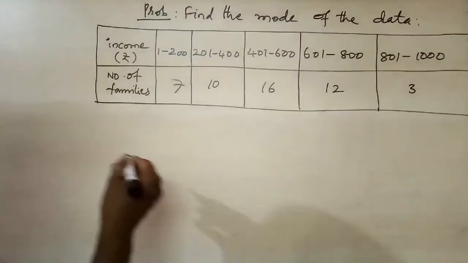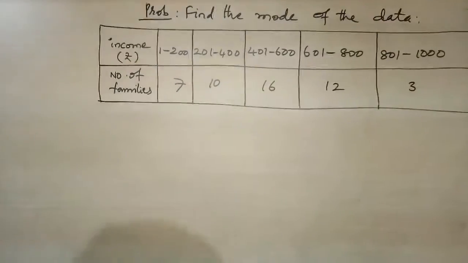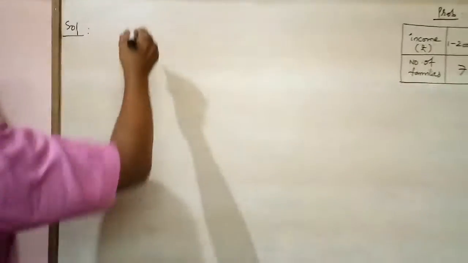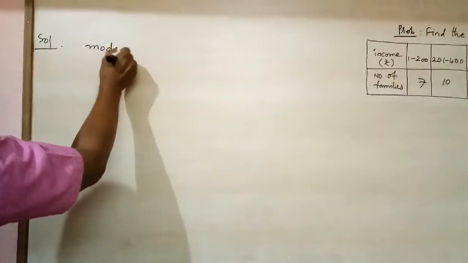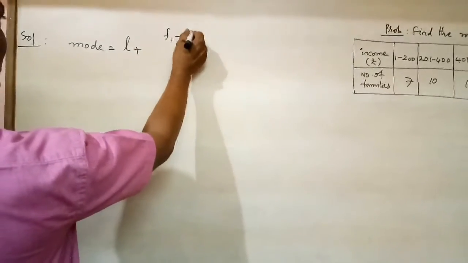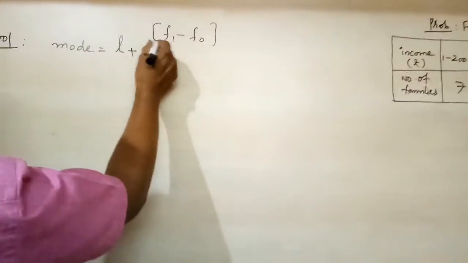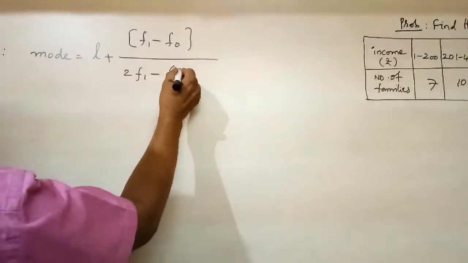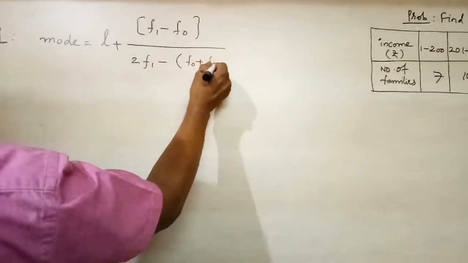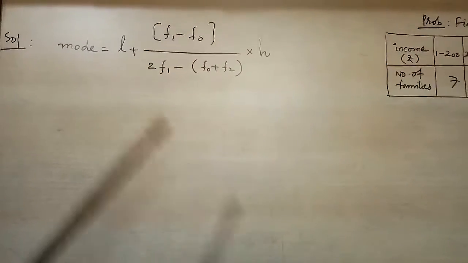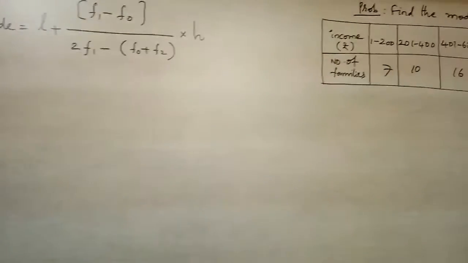For group data, the formula for mode is: mode is equal to L plus (F1 minus F0) by (2F1 minus F0 plus F2) into H. This is the mode formula for group data.